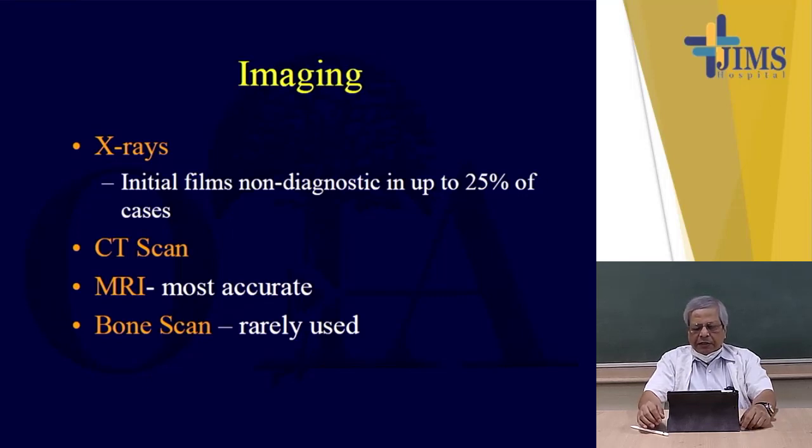So in those cases, if there is strong suspicion, then a CT scan or MRI is done. MRI is most accurate and shows the fracture very clearly. Bone scan is rarely used.